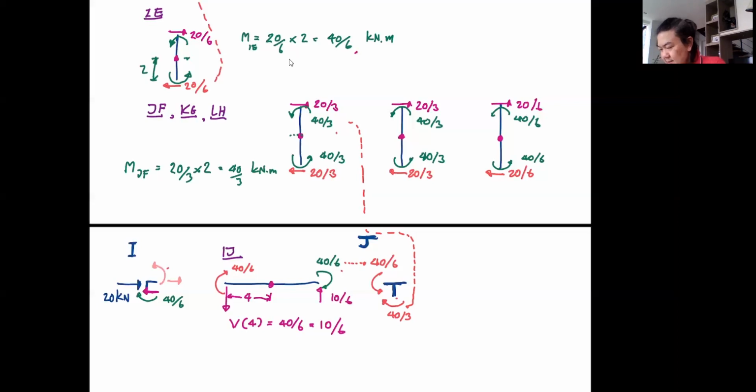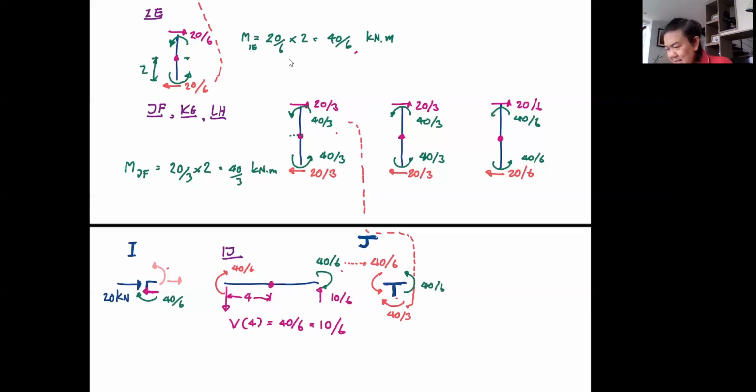So, you see that this is because the structure itself is symmetric, and we are just analyzing the internal forces due to the lateral load. It should make sense to you that this moment, because this is 40 over 6, this guy is 40 over 6 counterclockwise, this is 40 over 3 clockwise, so this should be 40 over 6 counterclockwise.